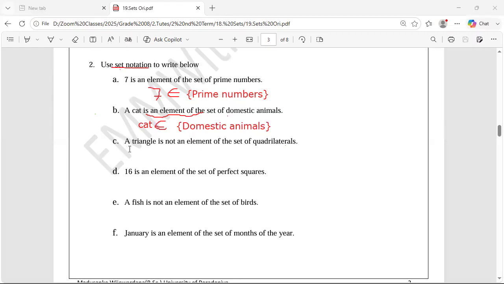Please do it. A triangle is not an element of the set of quadrilaterals, right? So first of all, triangle, right? Triangle is not. I will use a different word. Is not an element of set of quadrilaterals.